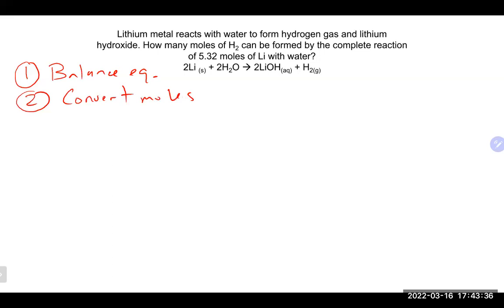Very often what they give you is in grams, but it could be any unit. Whatever unit they give you, you have to get yourself to moles. Usually that involves going from grams to moles, and we use the molar mass from the periodic table to do that.